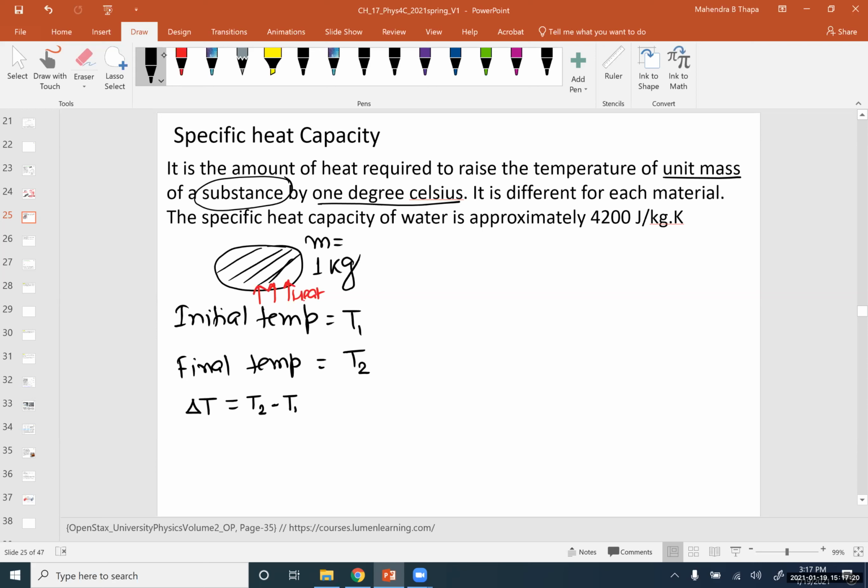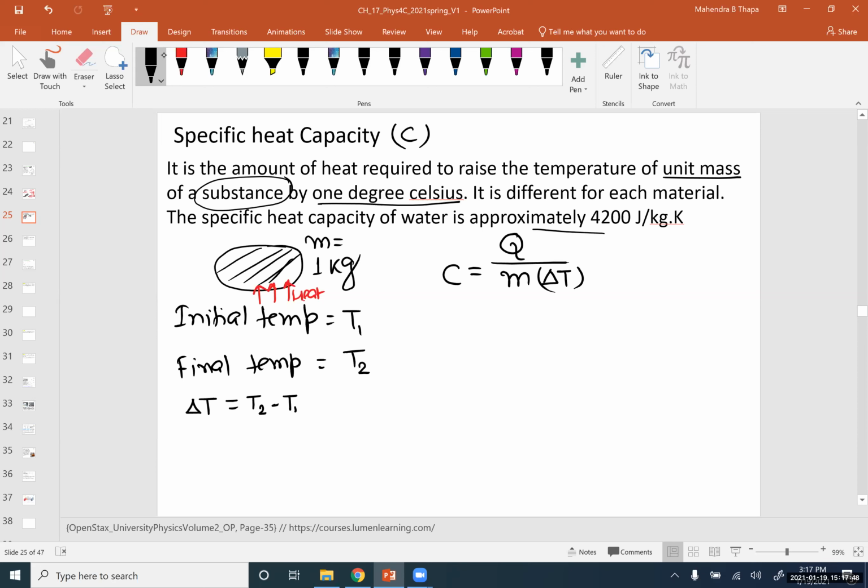We define a specific heat capacity, and we generally represent it by the symbol C, depending on the textbook. So the specific heat capacity is the amount of heat supplied, Q, per unit mass, per unit change in temperature.